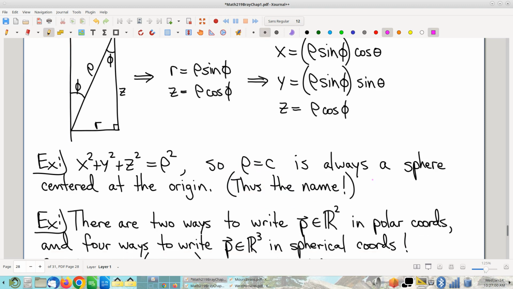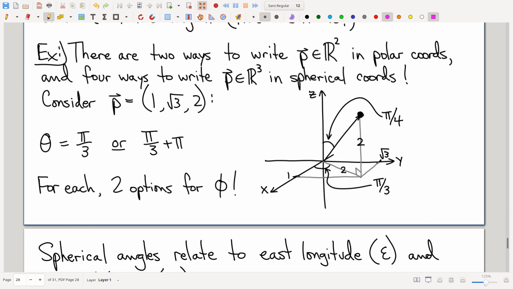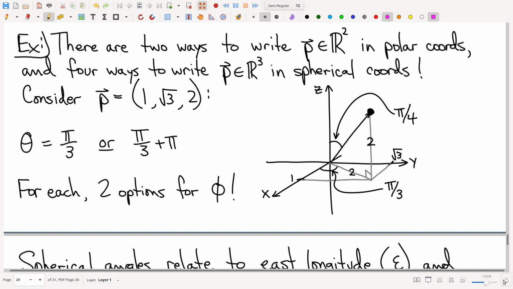This next example is a bit of a wild one. Let me zoom in a little bit more so we can see better. You'll recall that with polar coordinates, there were kind of two ways to write points. In some sense, you're either going the right direction or the wrong direction with your theta. Of course, you can always go around an extra 2 pi, so to be precise, there are infinitely many.